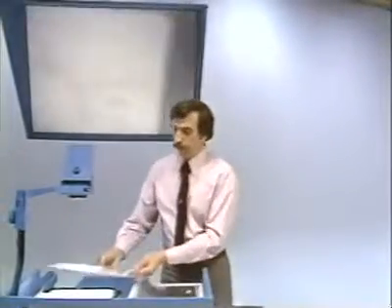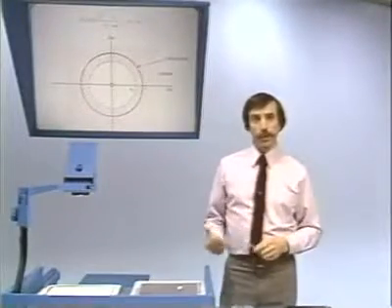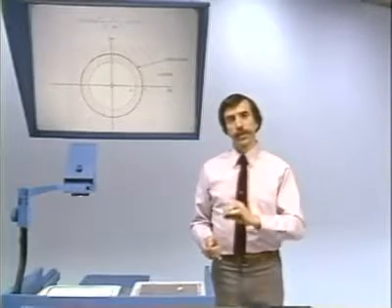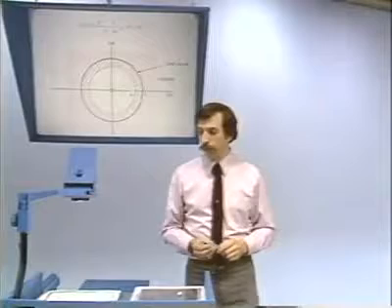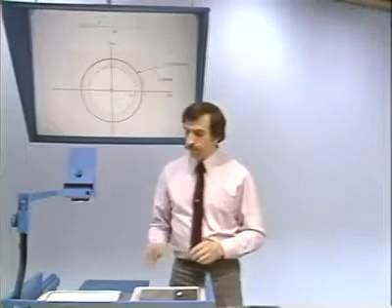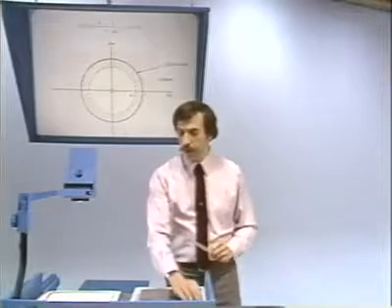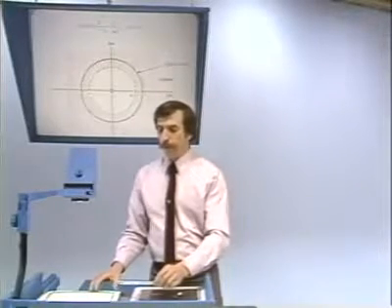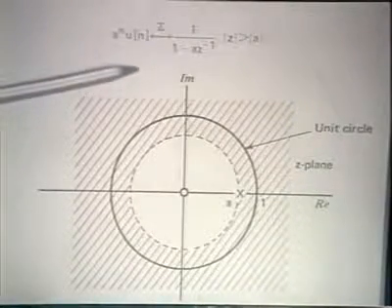Now, as we did with the Laplace transform, we'll be talking very often about transforms which are rational. And rational transforms, as we'll see, represent systems which are characterized by linear constant coefficient difference equations. And so for rational z transforms, we'll again find it convenient to use a representation in terms of poles and zeros in the z-plane.